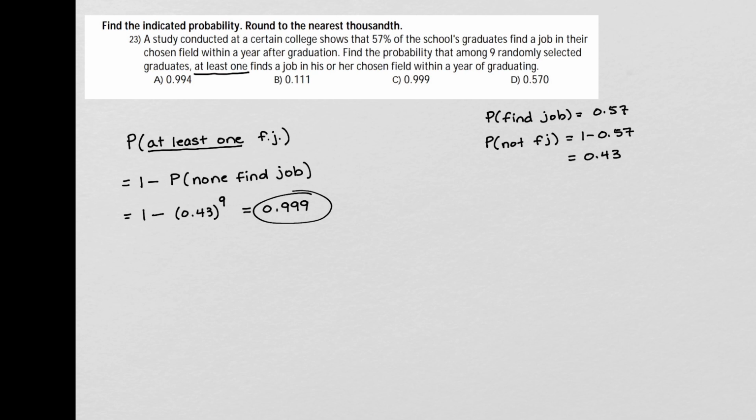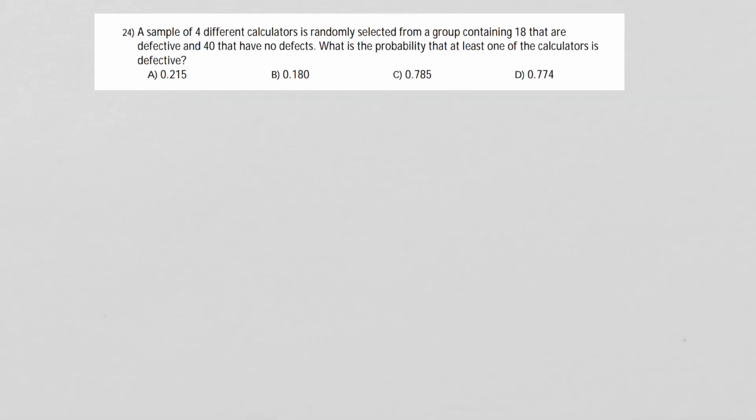So now let's take a look at the next question, number 24. Here it says a sample of 4 different calculators is randomly selected from a group containing 18 that are defective. So I'll write that down off to the side. And 40 that are not defective. And that means that there are a total of 58 calculators.